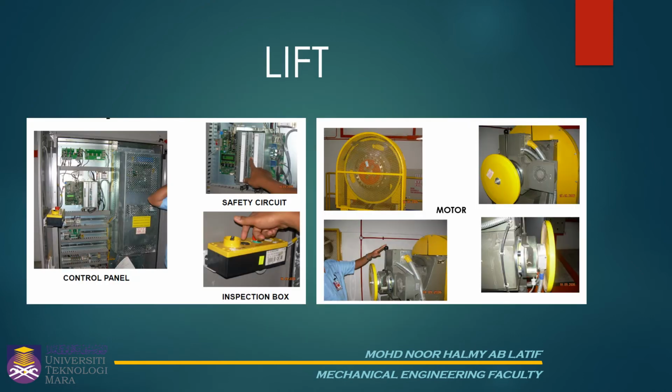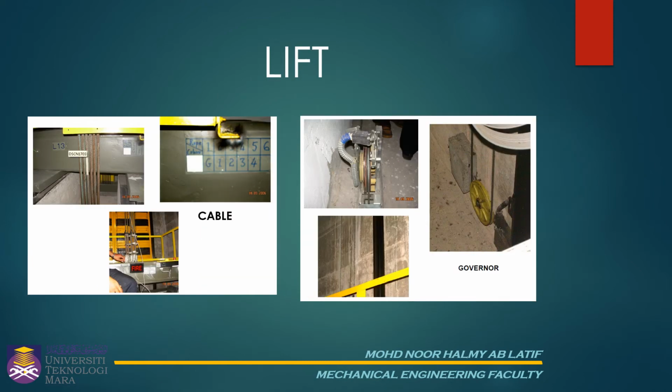These are figures from a traction lift where we have a control panel, a safety circuit, inspection box, and the figures of the motor. Here we have a cable and a governor.